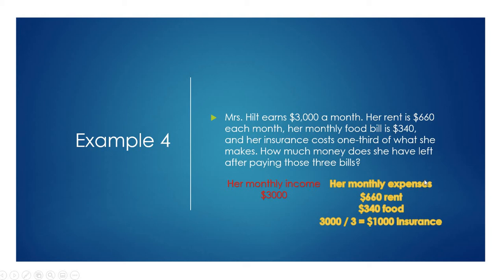So her insurance costs her $1,000 monthly. So now we have all her monthly expenses. We need to add all those expenses together and then subtract the total expenses from her income, and then we will get the answer.